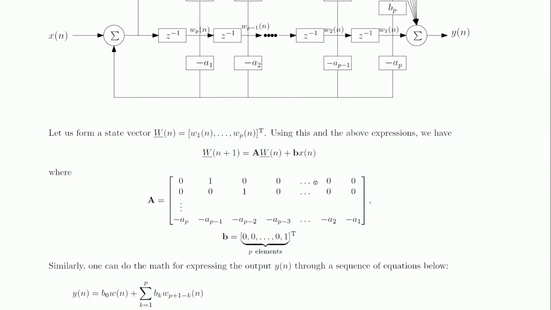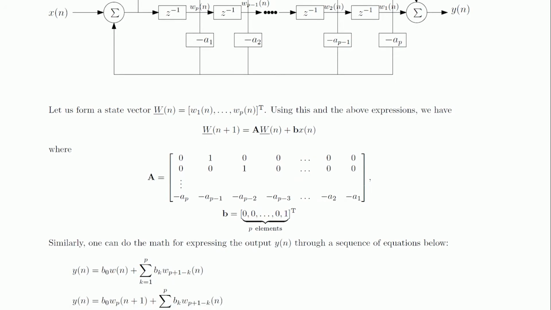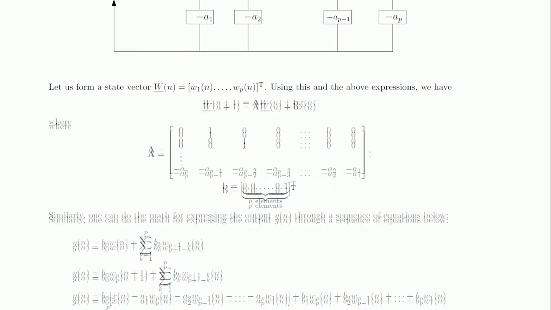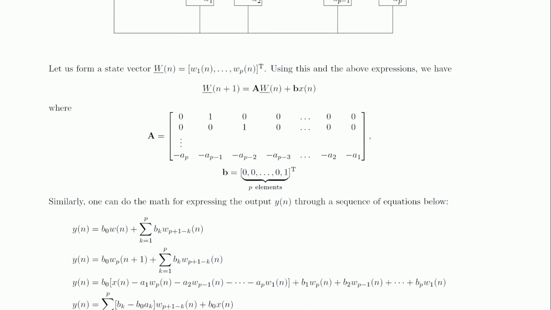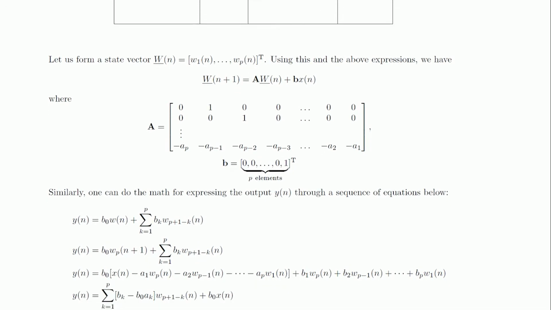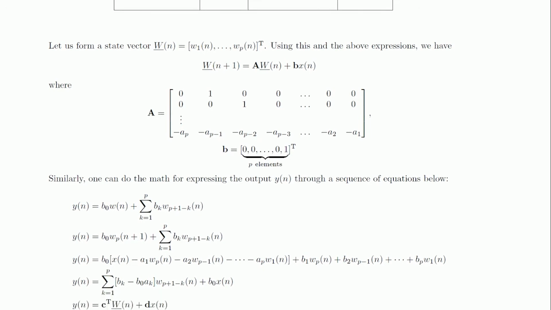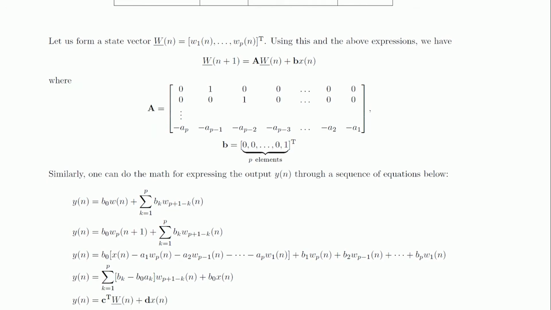Now, we can do the math for expressing the output y of n through a sequence of equations as below. So, our y of n is basically b naught times w of n plus summation bk wp plus 1 minus k of n. These subscripts you should just carefully observe as you see through the signal flow graph.